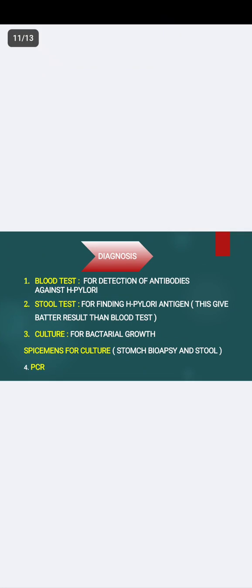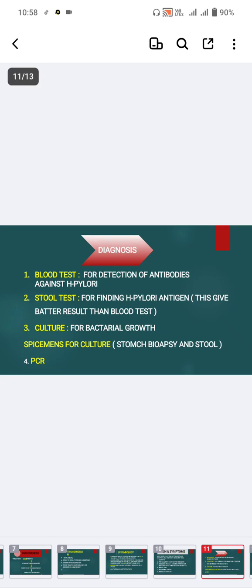The second one is a stool test for finding H. pylori antigen. This gives a better result than the blood test. It is mainly found in our stool also, so it is a preferred and good method to identify H. pylori compared to the blood test.